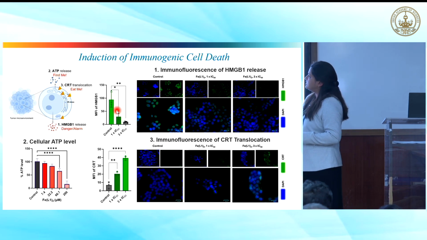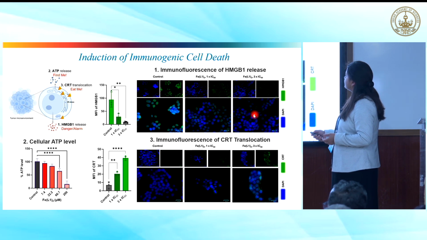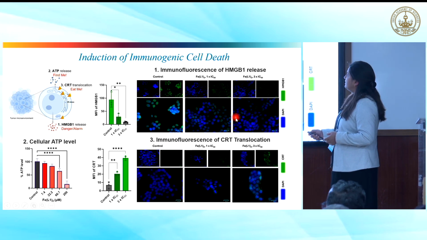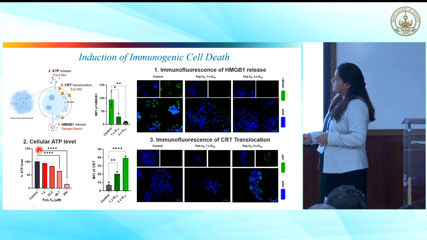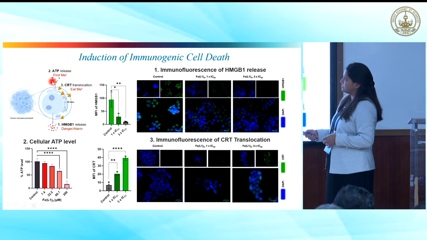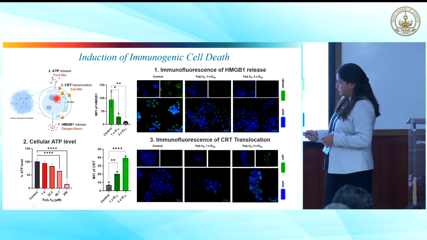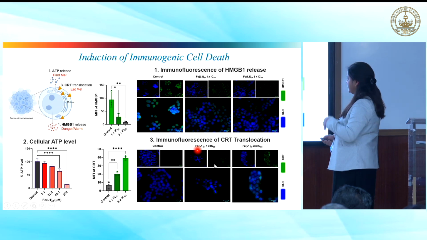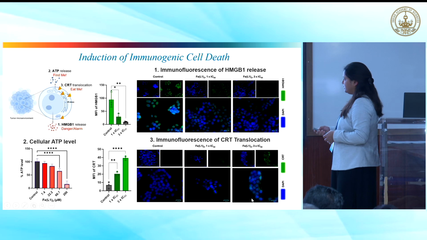If you see this HMGB1 protein, it is going down; the green fluorescence around these cancer cells is depleting over a period of time. The cellular ATP is being released, which is the find-me signal, it is coming out. And the third one is the calreticulin protein, which is getting translocated from the endoplasmic reticulum to the cell surface, and we do see the increase in green fluorescence over here.